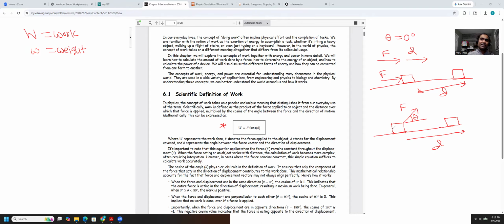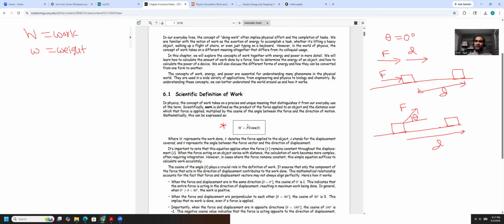Okay, so in general, when you define the work done, we need this angle, right? So this is a very special case, when both are in the same direction, a very simple case. In general, there may be some angle theta between F, the force, and the displacement, like this. So that's why the general definition of work done is F d cosine theta.